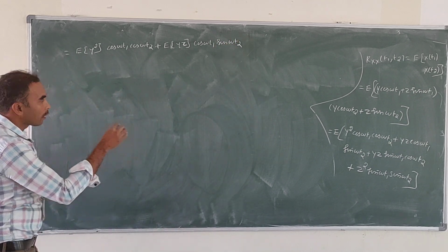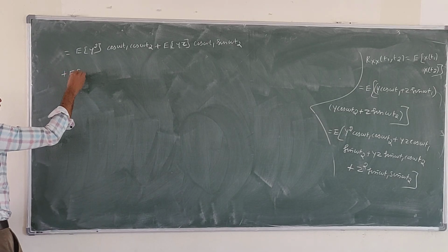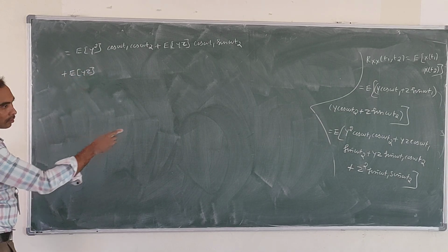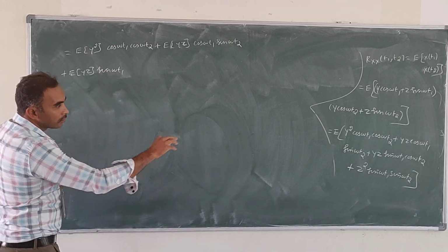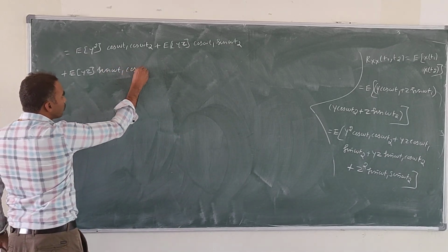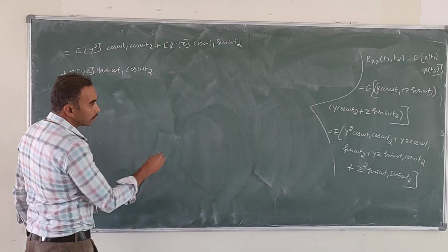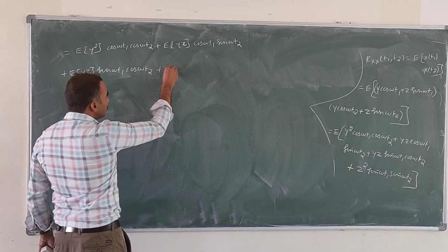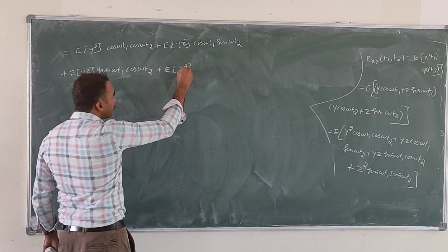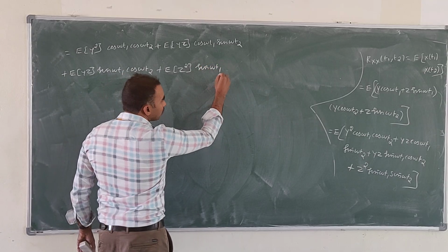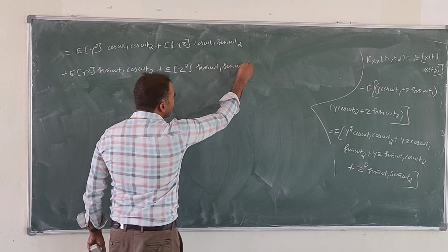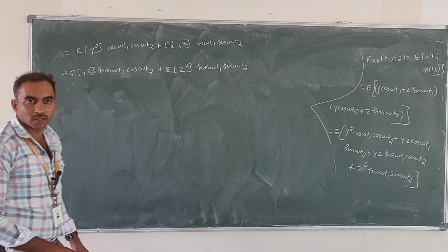Next, plus E of yz sin omega t1 cos omega t2 plus E of z square sin omega t1 sin omega t2.